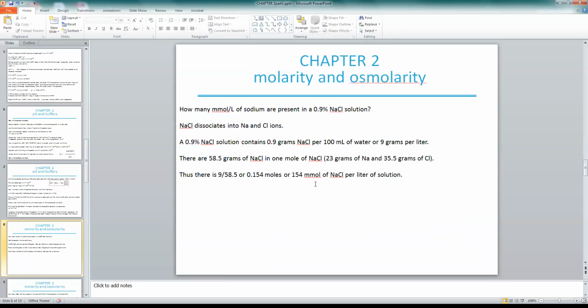And so you could do this calculation for any salt, as long as you were able to use a periodic table to figure out the molecular weight of the salt, and as long as you were able to determine what amount in grams of that salt were present. So you need to do a mole calculation, grams divided by molecular weight to get to moles, and then you need to figure out the amount of liquid that you have, or water in this case, in order to do a molarity calculation, so moles divided by liters.